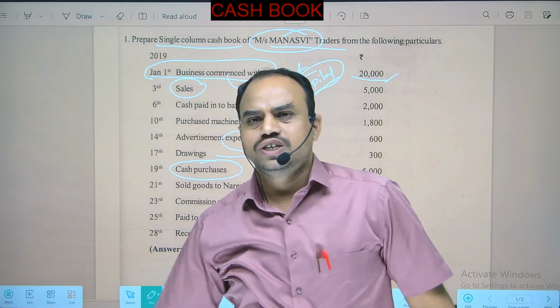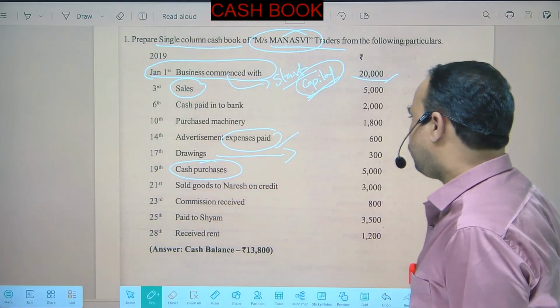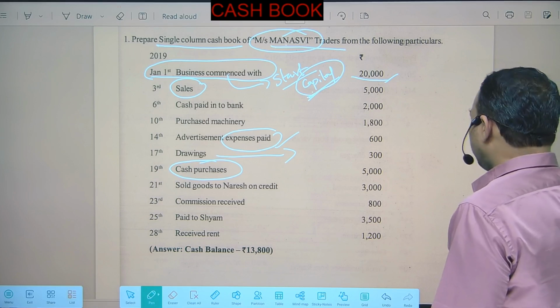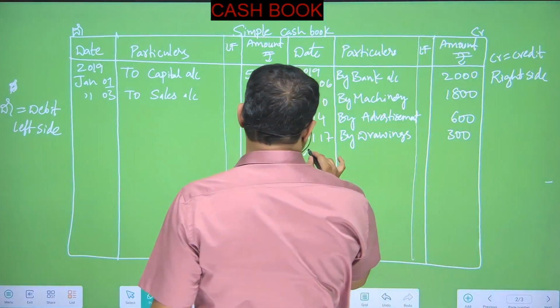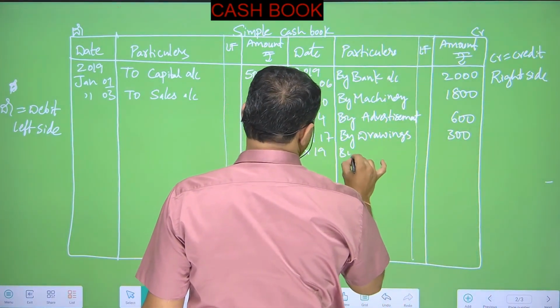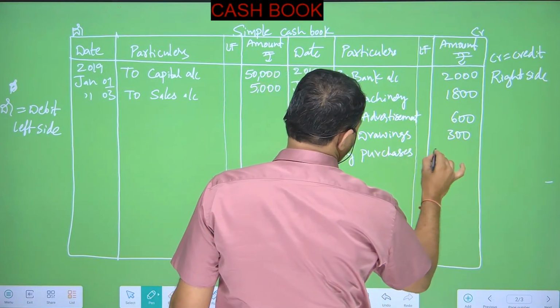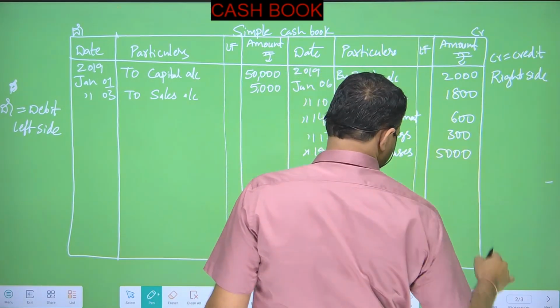That means cash is going from the business. So on the credit side we have to write, date 19, by purchases 5000 rupees.